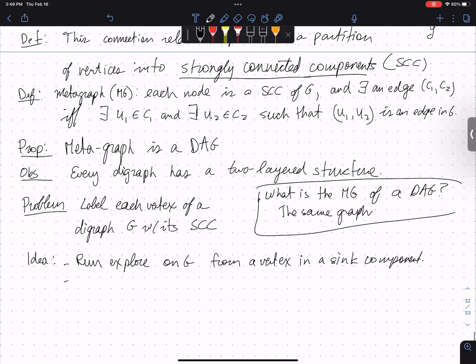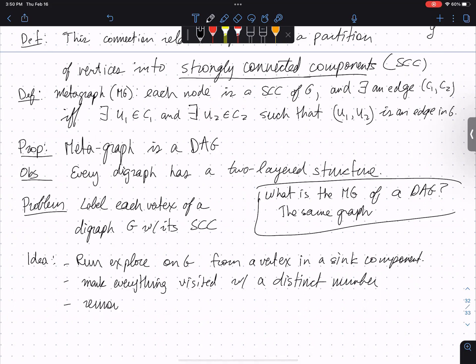So let me finish up this intuition. We run explore on G from a vertex in the sink component. Mark everything visited with a distinct number.